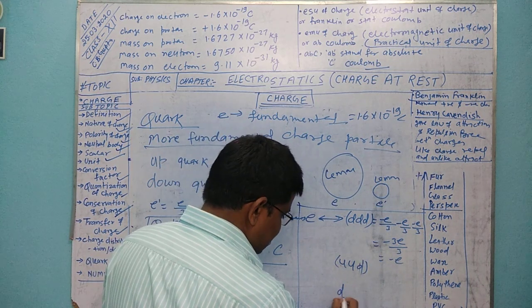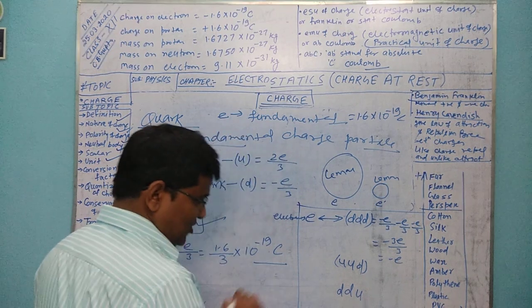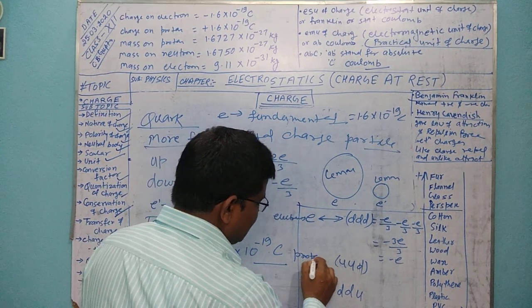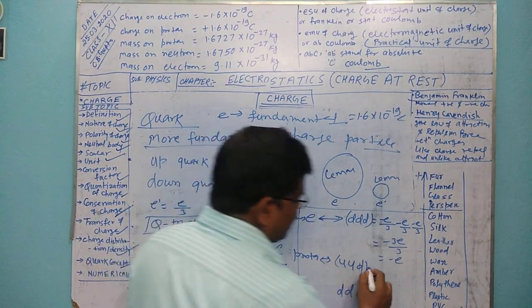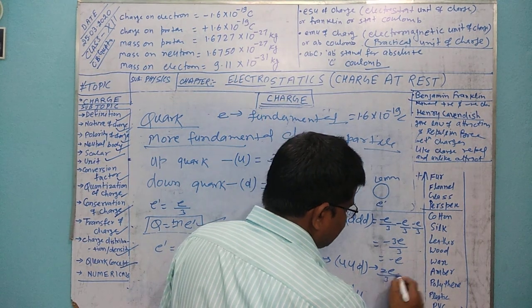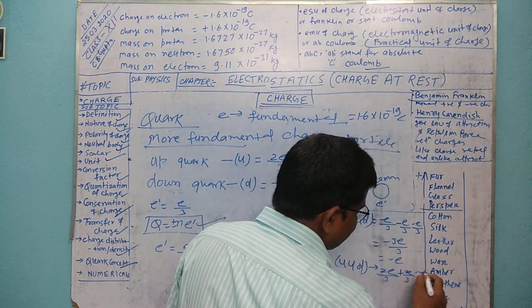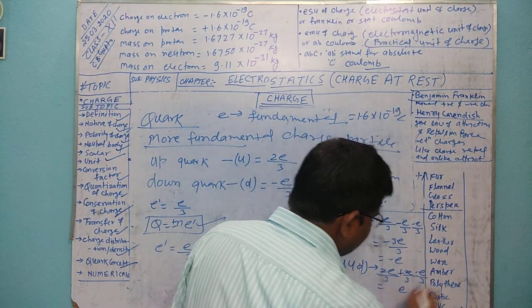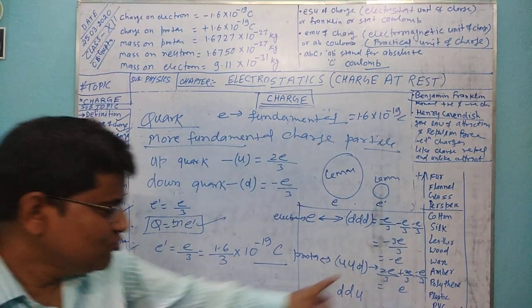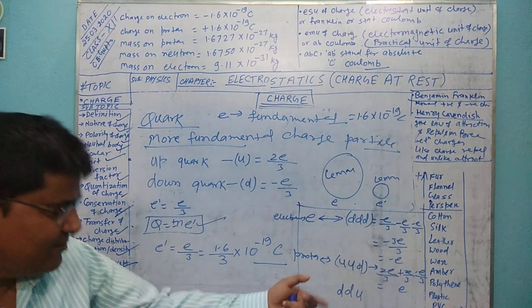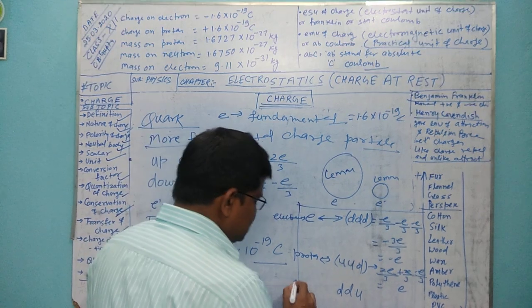UUD is proton, just you write it. Proton means 2E by 3 plus 2E by 3 minus E by 3. It becomes E. 2 plus 2 is 4 minus 1 is 3, 3 by 3 is 1 E. And this is the neutron.